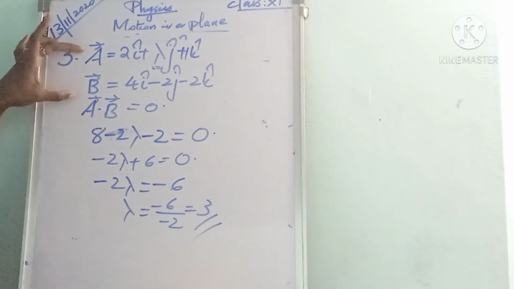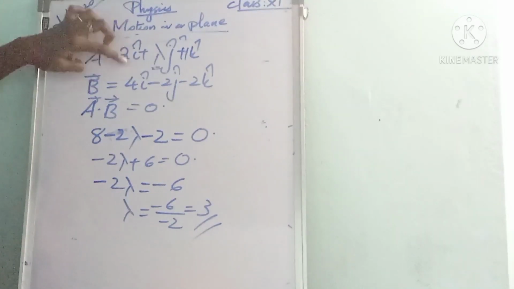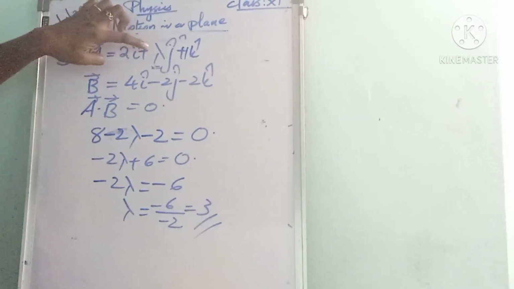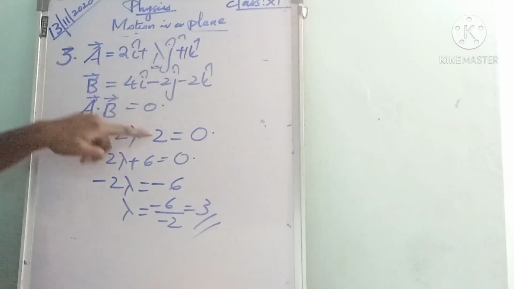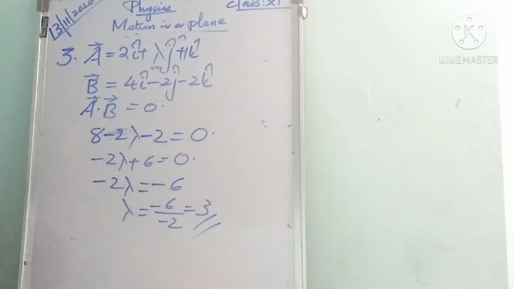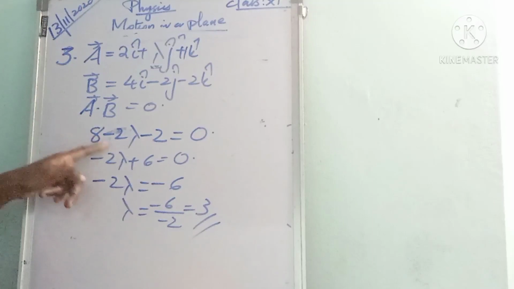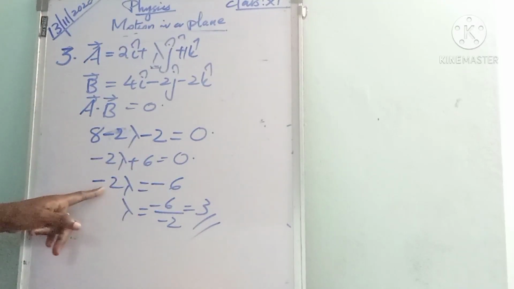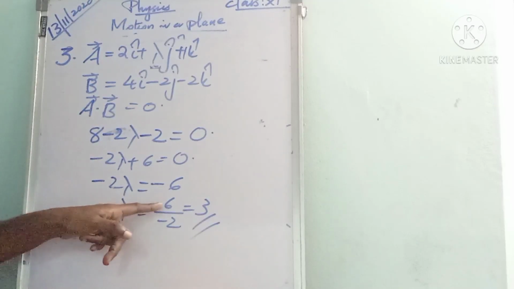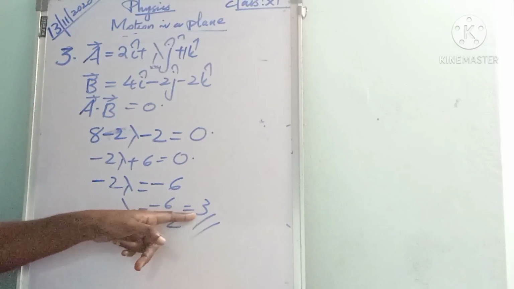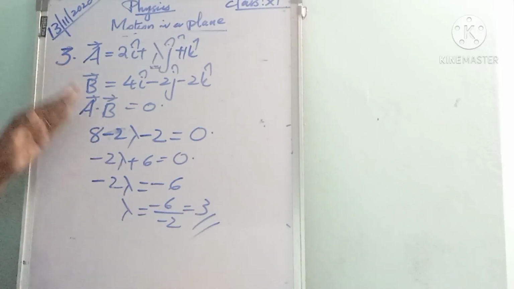First we find A dot B. For that, 2 into 4 is 8. Lambda into minus 2 is minus 2 lambda. 1 into minus 2 is minus 2, equal to 0. So minus 2 lambda plus 6 equal to 0, or minus 2 lambda equal to minus 6. Then lambda equal to minus 6 divided by minus 2, that is equal to 3. So the value of lambda is actually 3. Okay, is it clear?